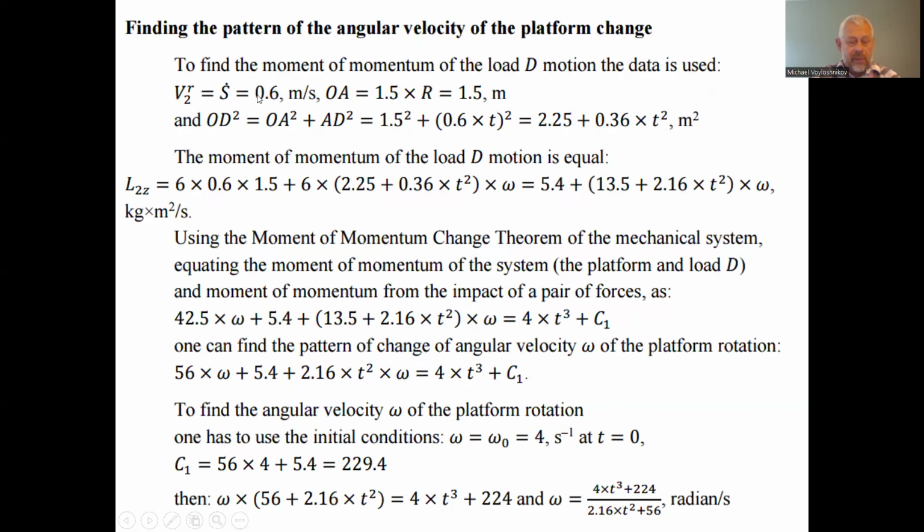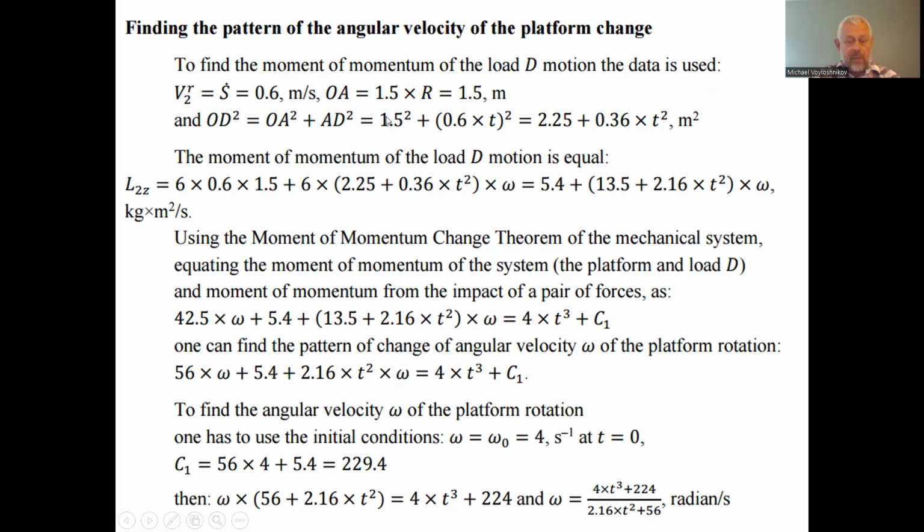So the first derivative of 0.6 t is 0.6 meter per second, and we have OA equal to 1.5. It's the shortest distance between the axis of rotation of the platform and the axis of the channel. This is 1.5 meter, due to r being 1 meter, and OD squared is equal to OA squared plus AD squared.